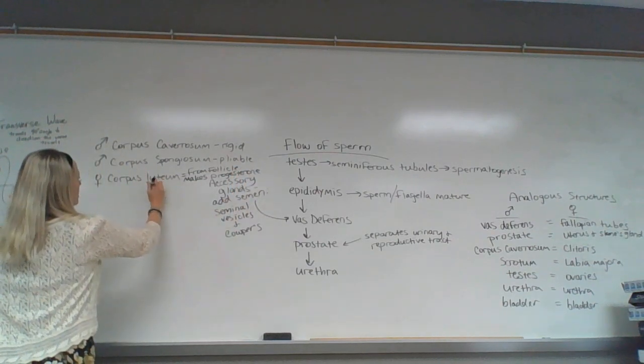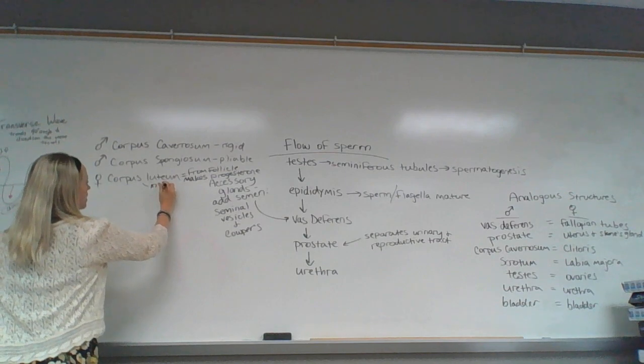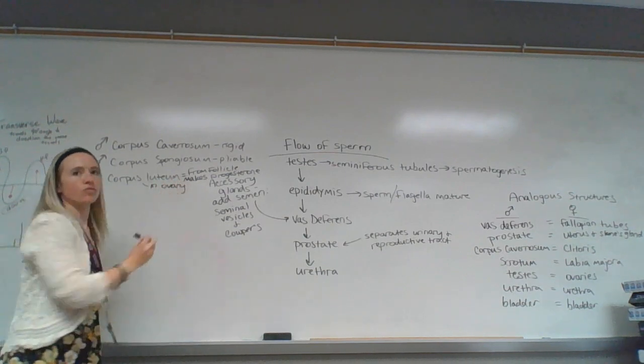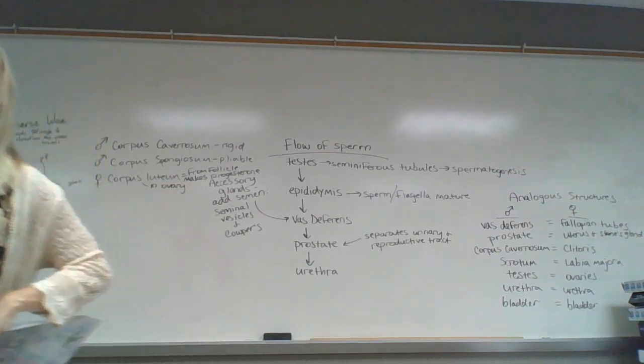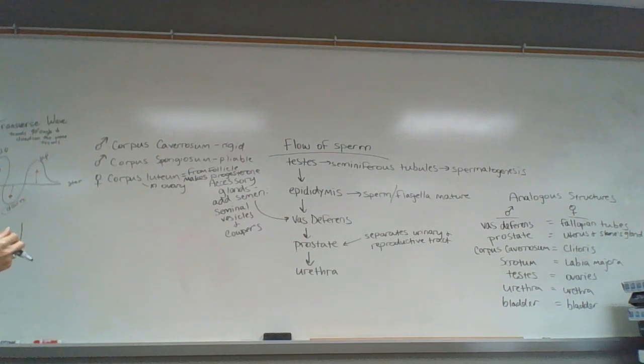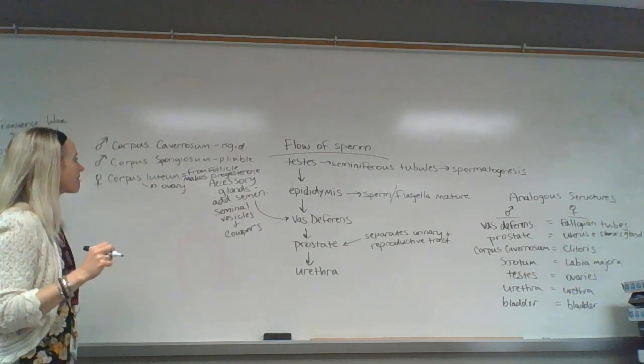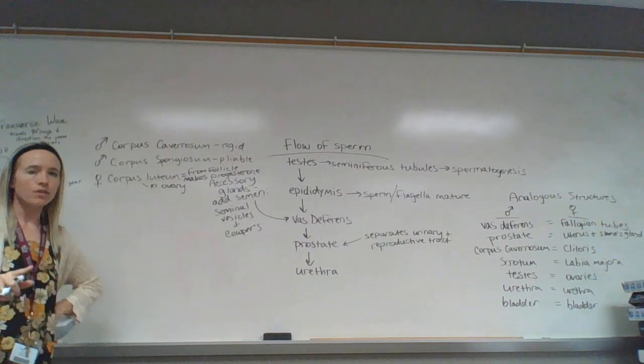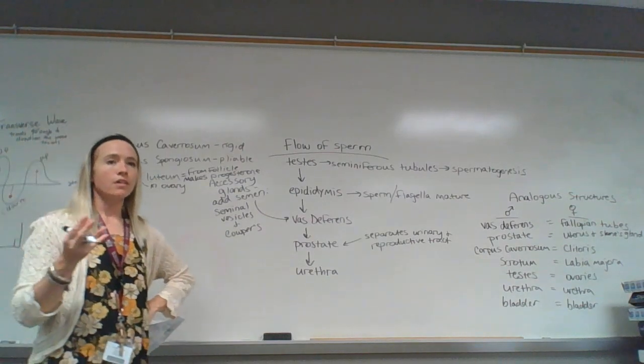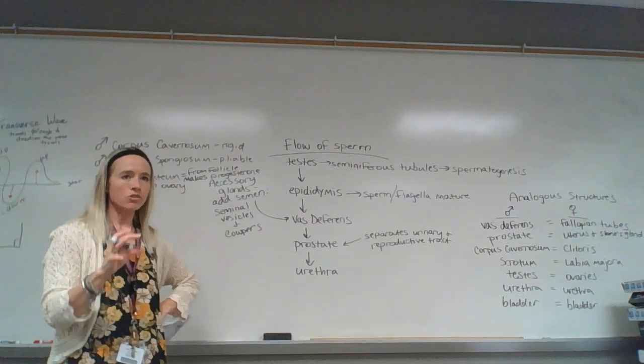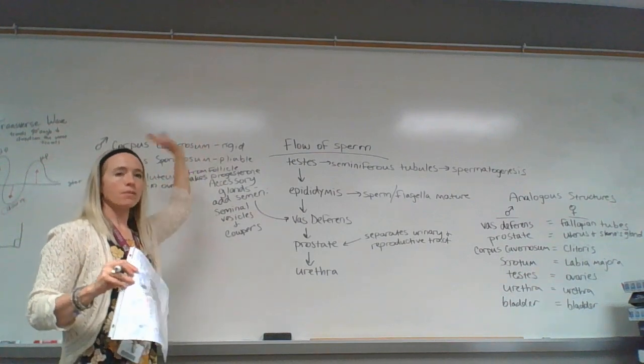And it is in the ovary, of course. So the follicle and some of the cells in the ovary make estrogen. The corpus luteum makes progesterone.